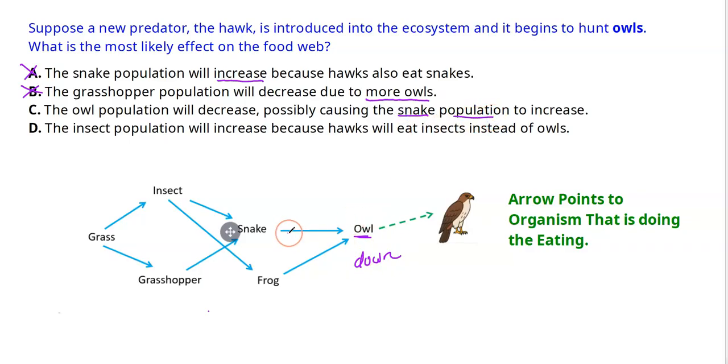Well, there's fewer owls, and the snake is pointing to the owl, so the owl is eating the snake, but there's fewer owls eating the snake, so the snake population more than likely will go up, right? Go up or increase. That's exactly what answer choice C says: owl population will decrease, go down, possibly causing the snake population to go up or increase. So C is my answer.